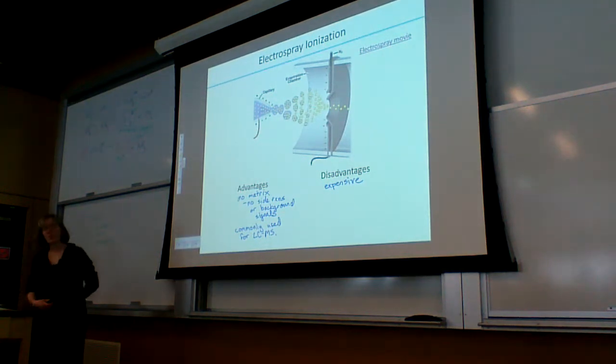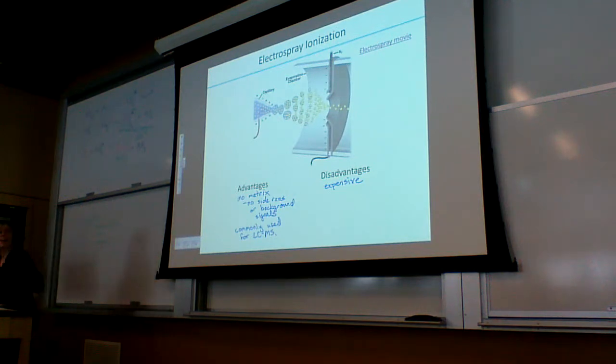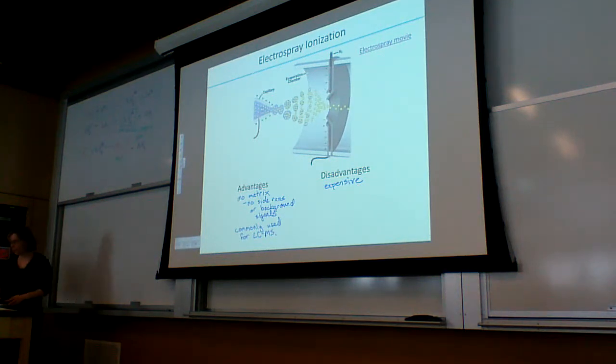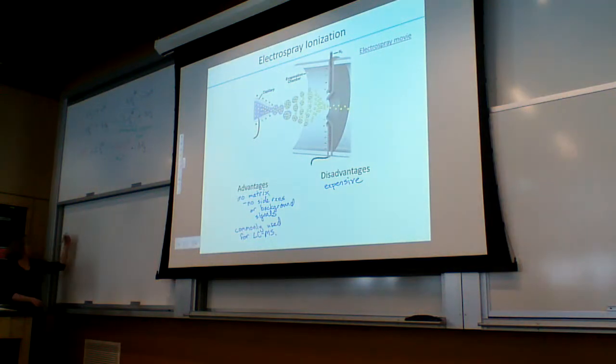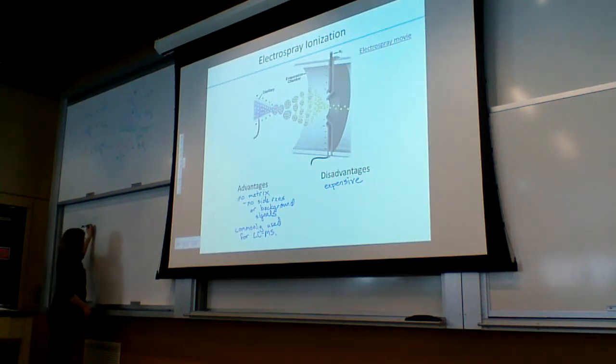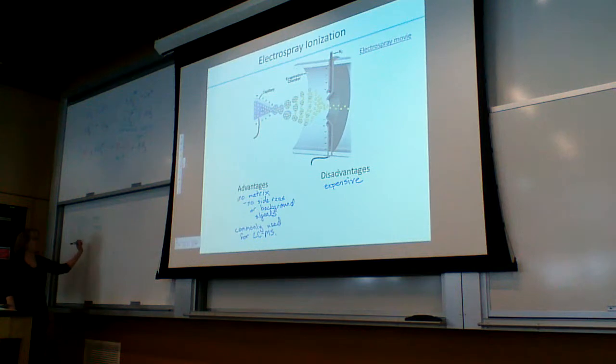An interesting thing with the electrospray ionization, remember how I keep telling you that the mass spec measures mass to charge ratios? Here's where it becomes relevant. So, mass to charge ratio. We've always assumed that our charge is 1.